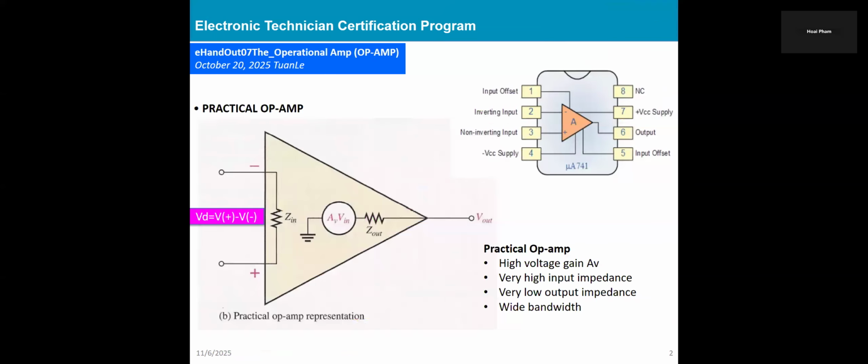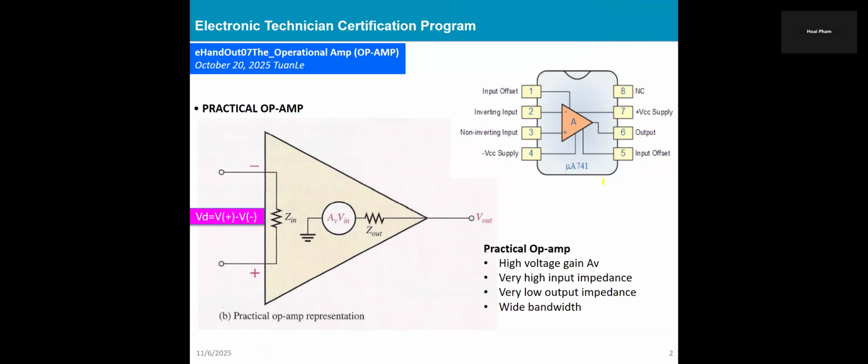Okay. So now that will be a more practical op amp. This is the IC here. It has only 8 pins.